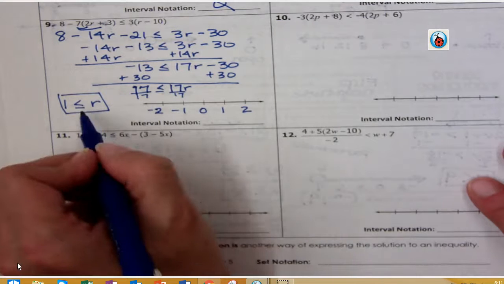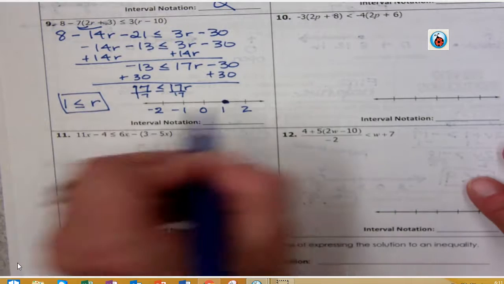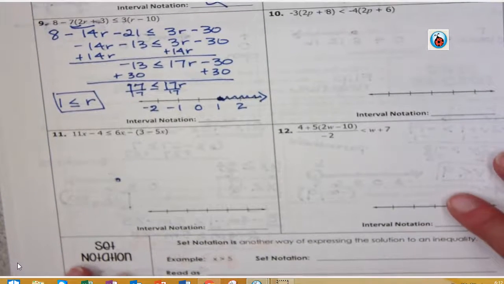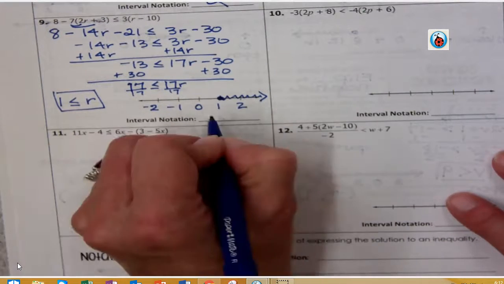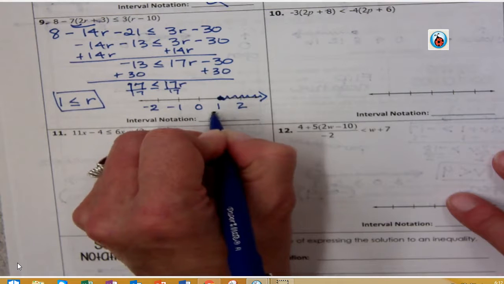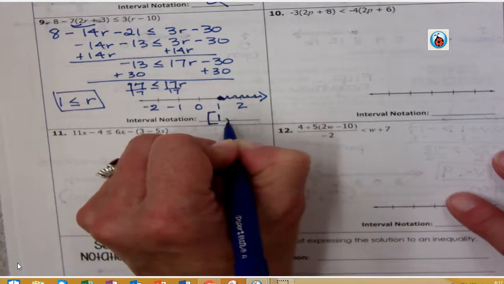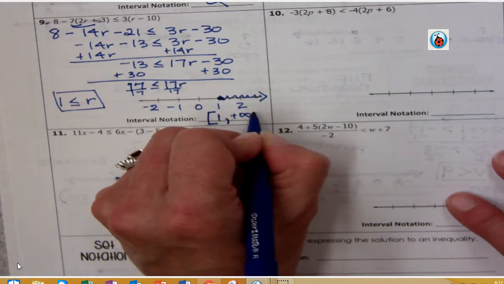And I'm going to put a closed dot on 1, and r has to be all the numbers bigger. Now, that interval notation, you're going to have to state. We've got 1, which is included, so we put a bracket there, and the numbers go up to positive infinity.